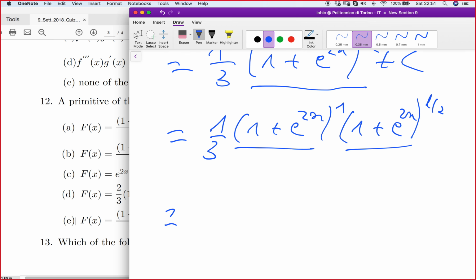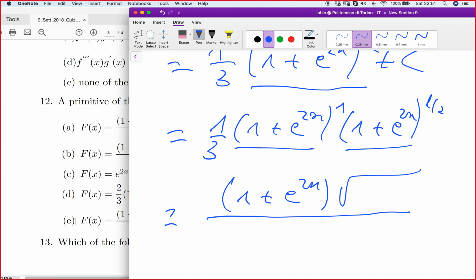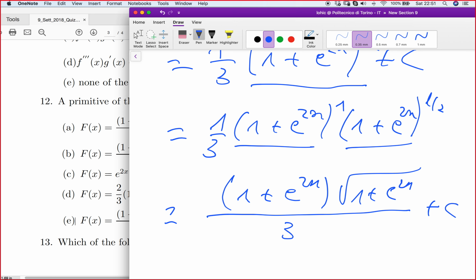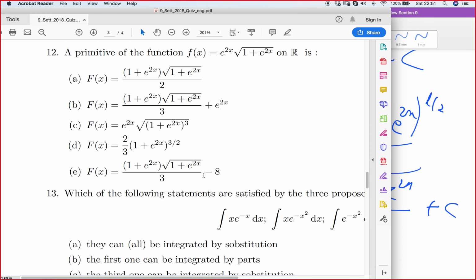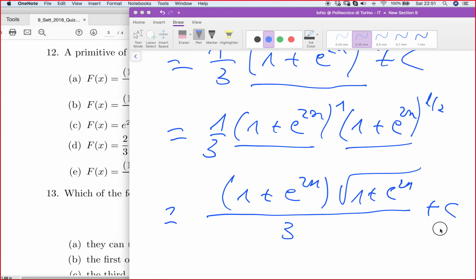So this will be 1 plus exponential of 2x multiplied by square root of 1 plus exponential of 2x over 3 plus any constant, but in the exercise they choose the constant to be minus 8. Because I repeat, from the primitive you can choose any constant. Doubts?